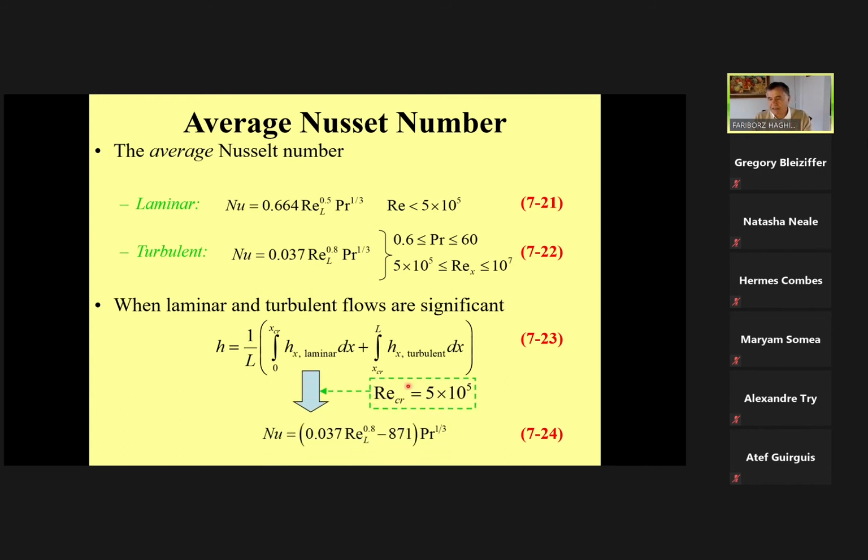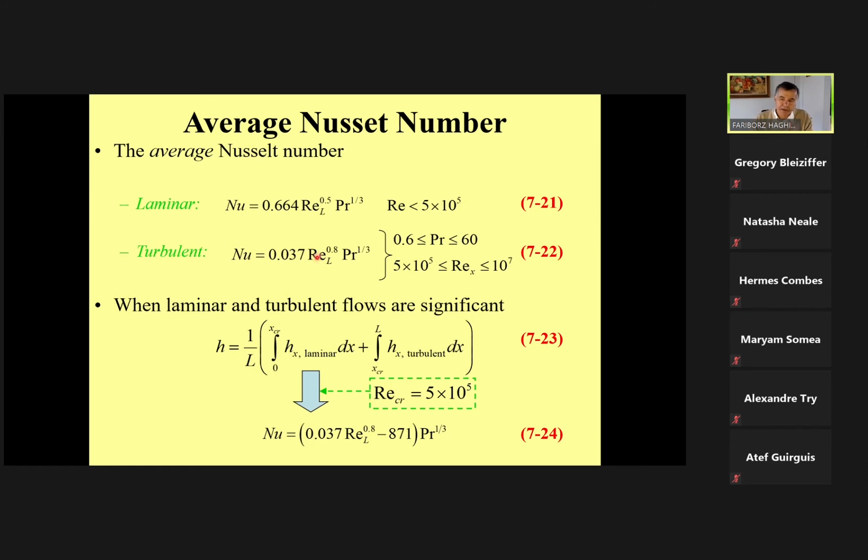Remember, the critical Reynolds number was 500,000. Now, this expression covers from x equals 0 until x equals L: the contribution of the laminar flow and the contribution of the turbulent flow. But if you use this equation, you're ignoring the contribution of the laminar flow.